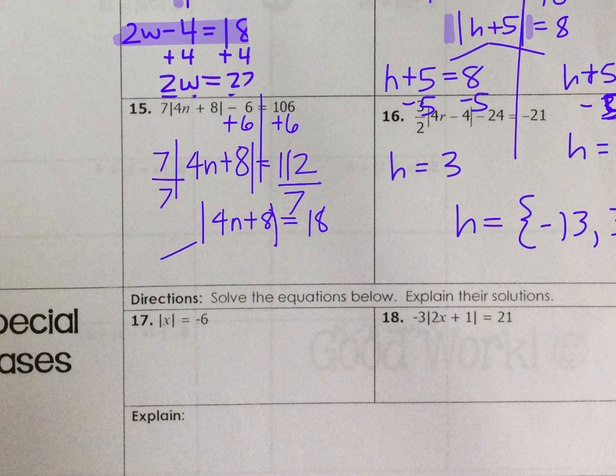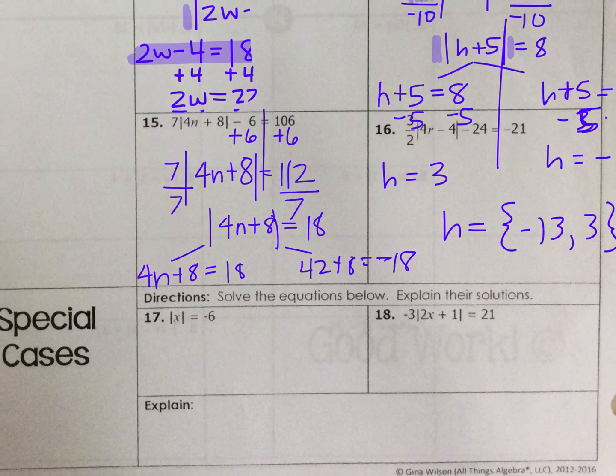And now is when I can split this into 2 problems. 4n plus 8 is positive 18. 4n plus 8 is negative 18. And then I would just solve that and finish it out the rest of the way and get my 2 answers.